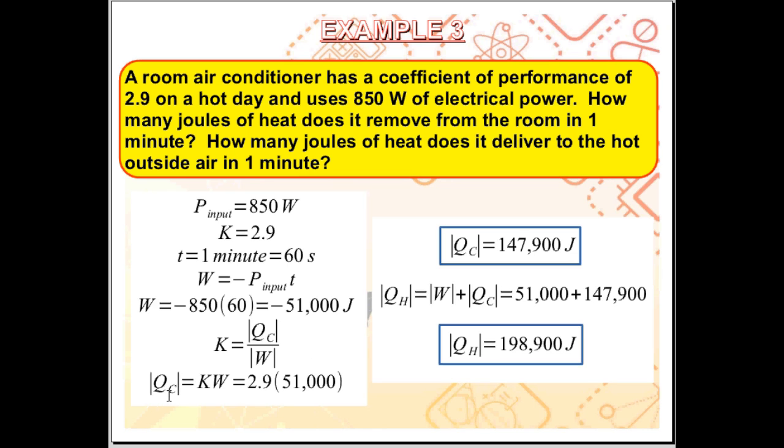We are able to determine the absolute value of QC to be 147,900 joules. And this is the amount of heat removed from the room in 1 minute.